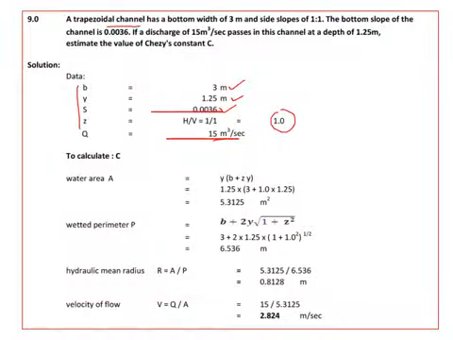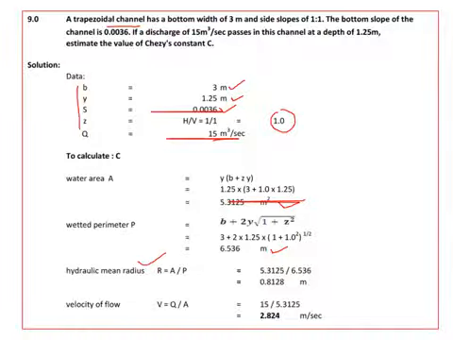Now same procedure, water area Y into B plus ZY. Knowing Y as 1.25, B as 3, and Z as 1, you can calculate area, which is 5.3125. Similarly, wetted perimeter is B plus 2Y root of 1 plus Z square, so you are able to calculate the wetted perimeter. Knowing water area and perimeter, you can calculate hydraulic mean radius, which gives 0.81 meters.